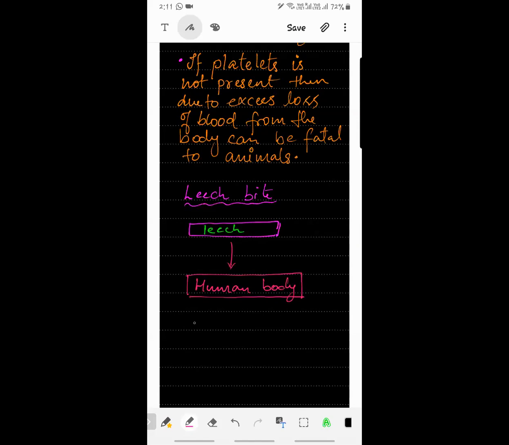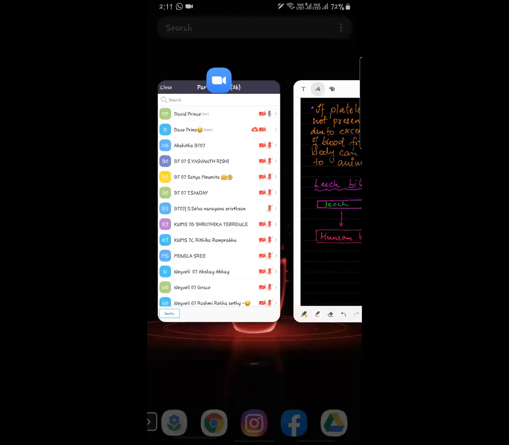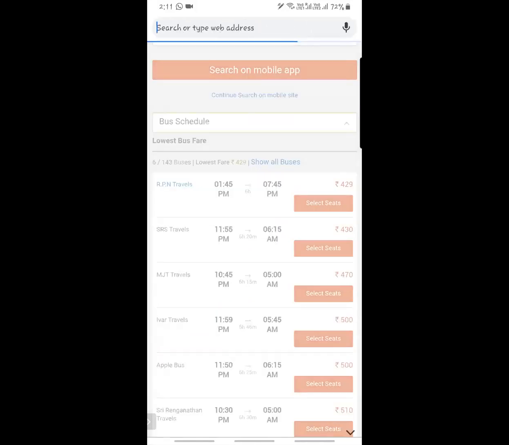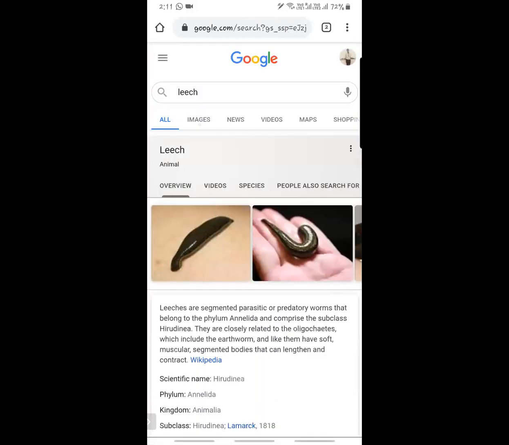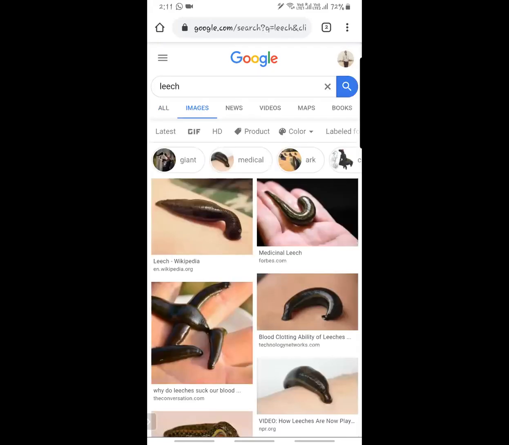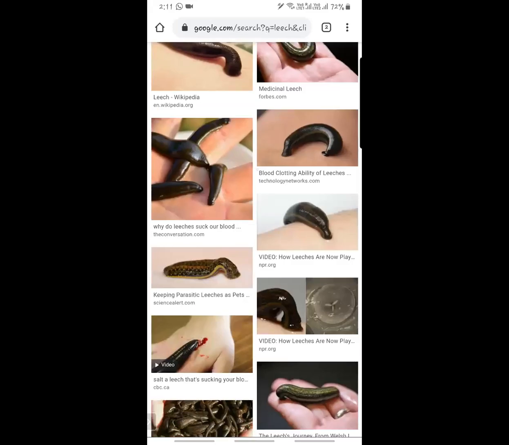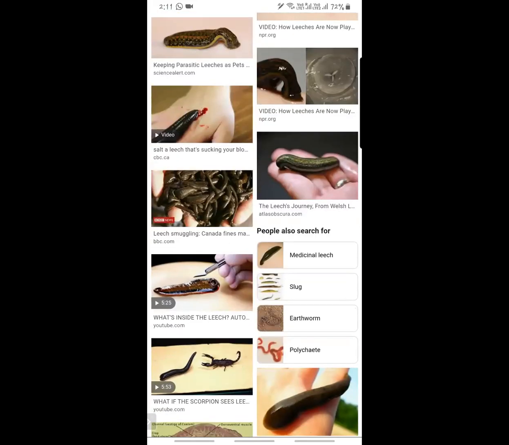What is a leech? A leech is a sluggish organism. See, this is a leech. Leeches are segmented parasitic or predatory worms that belong to phylum Annelida. Can you see now? Is that fine?